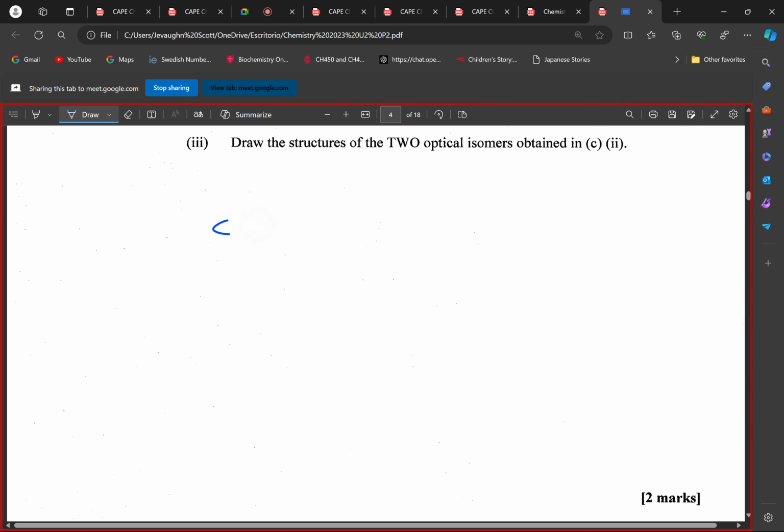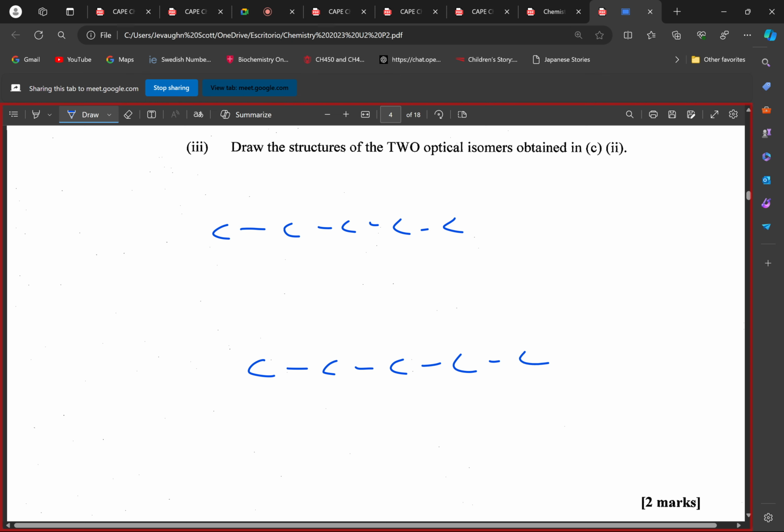So we can have something like this, that'd be 1, 2, 3, 4, 5. Or we can have 1, 2, 3, 4, 5. I'm drawing it in skeletal structure because this is the way people look at it, right? We're going to have a methyl group here.